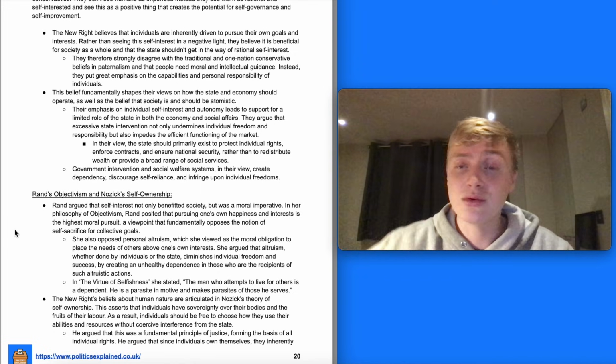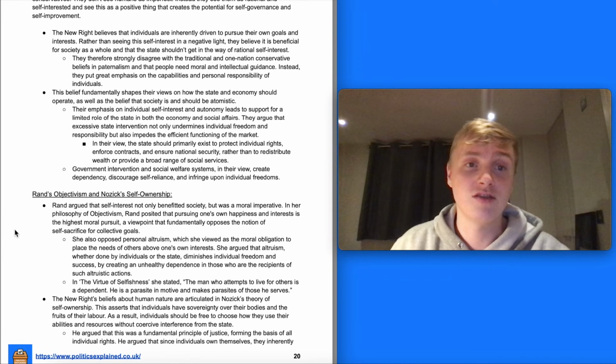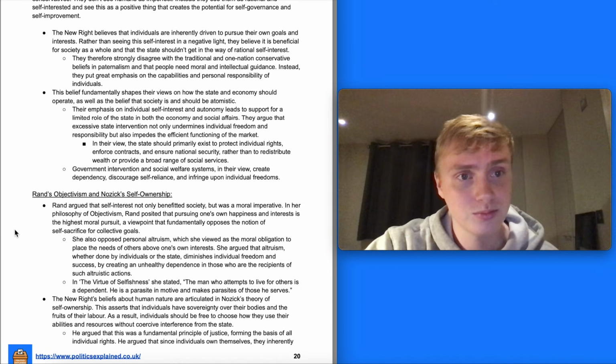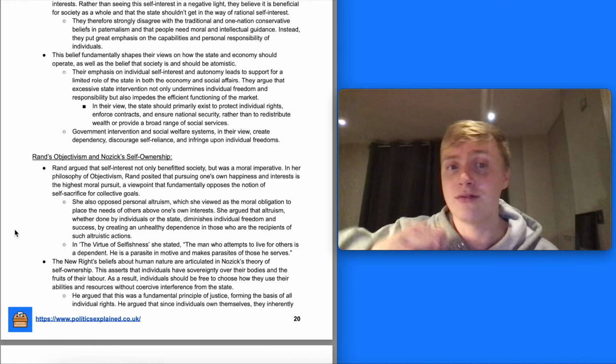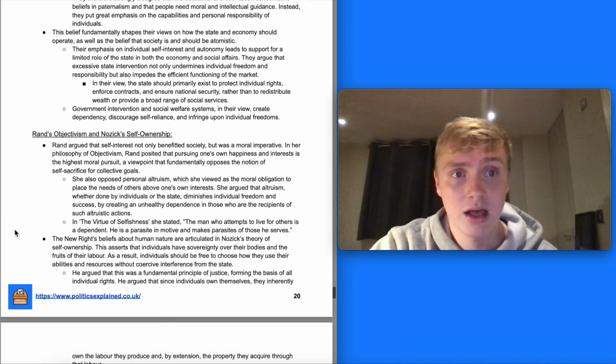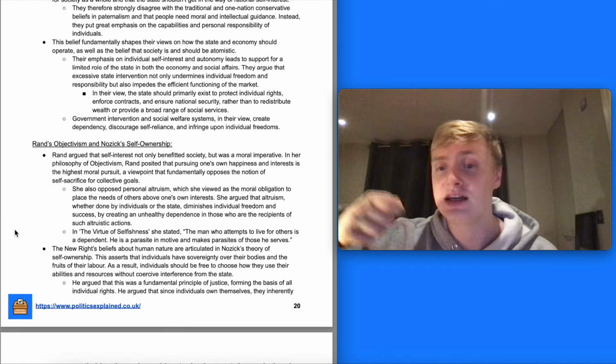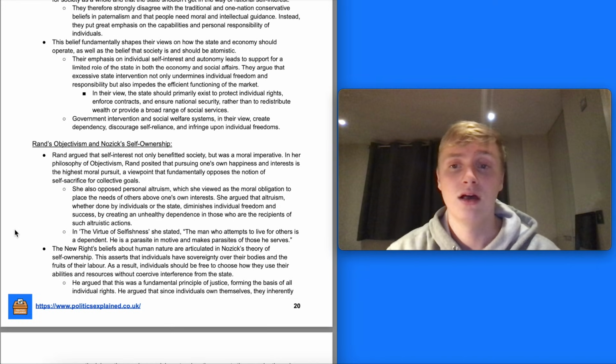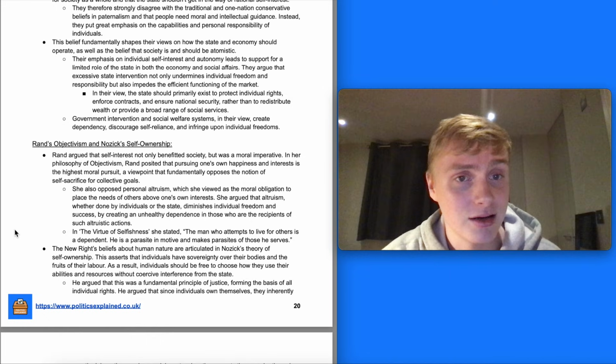They therefore disagree with one nation and traditional conservative beliefs in paternalism and the idea that people need moral and intellectual guidance. And that fundamentally shapes their views on how the state and economy should operate, as well as being fundamental to their understanding that society is atomistic.